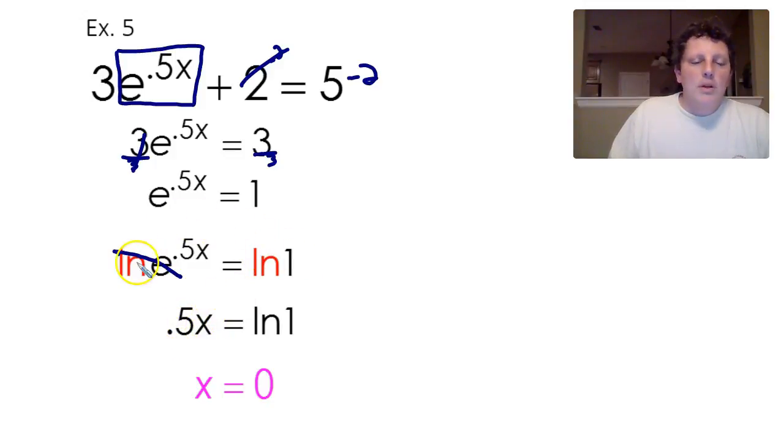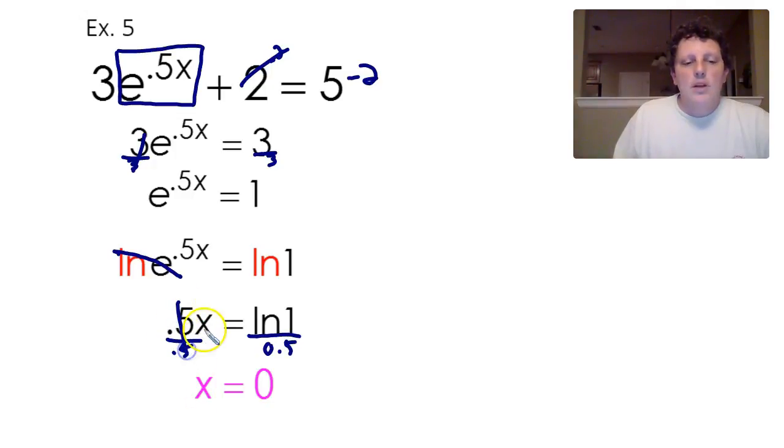Equals, and remember what we do to the left side, we have to also do to the right. So once we do this natural log on the left to get rid of e, we also have to do it on the right. So now our answer is going to be the natural log of 1 divided by 0.5. That's how we're going to get rid of the 0.5 that's next to the x here.